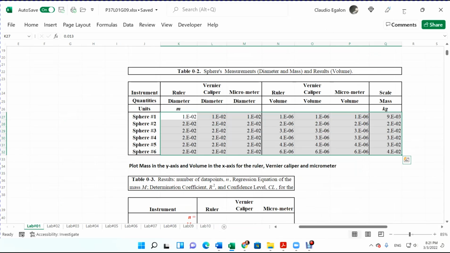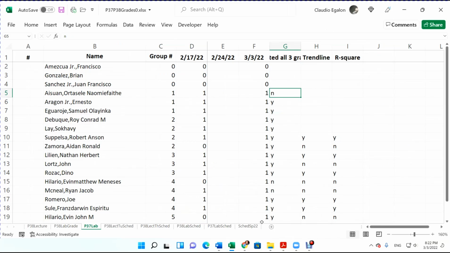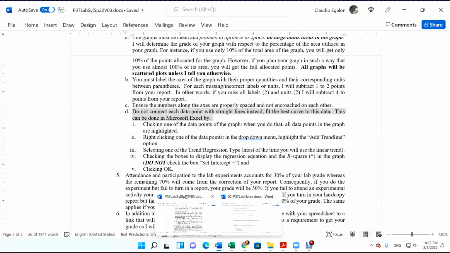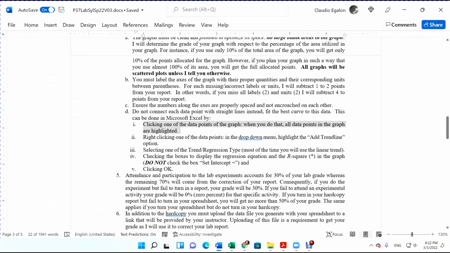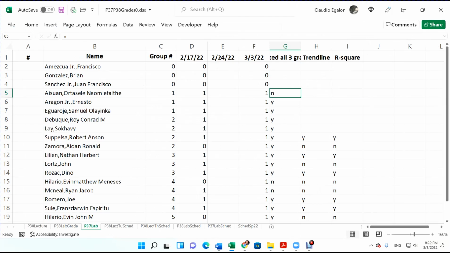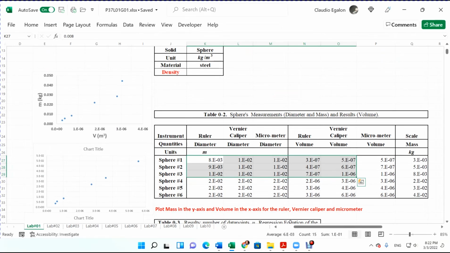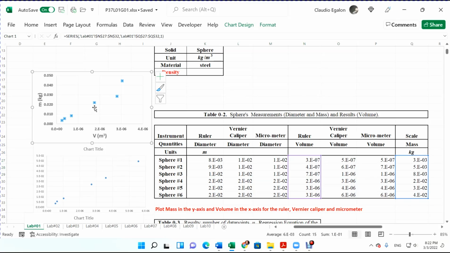Okay, so now we are going to put the trend line and the R square. So how do we do that? I have one of the graphs already here. How do you come up with the trend line? Click one of the data points.